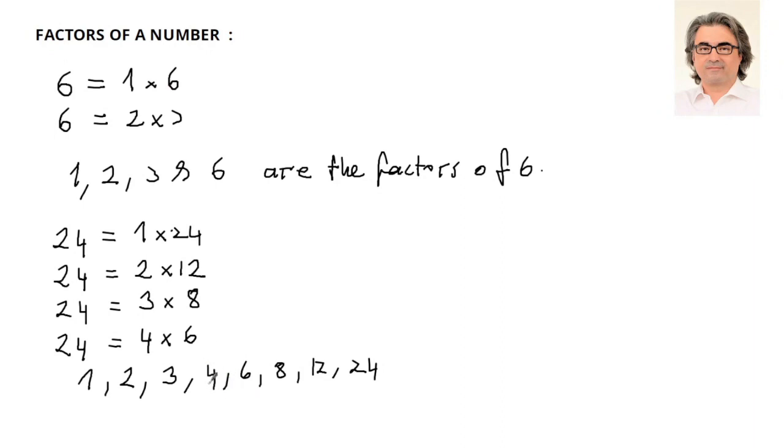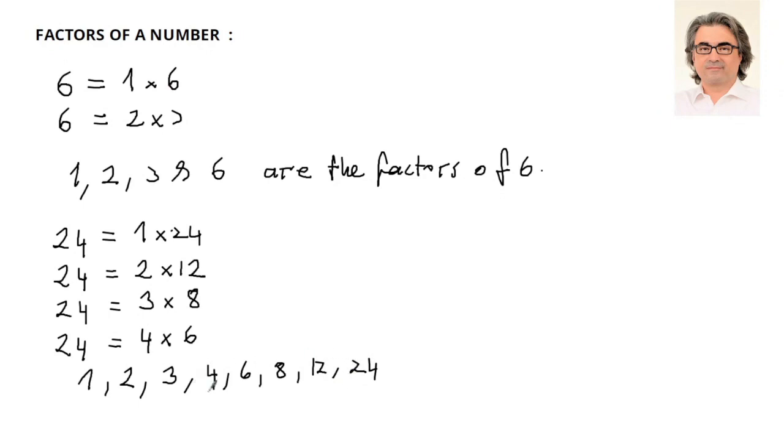After 4 comes 6. If you know 4, then because 4 times 6 is 24, you will reach 6. If you know 3, you will reach 8. If you know 2, you will reach 12. If you know 1, you will reach 24.